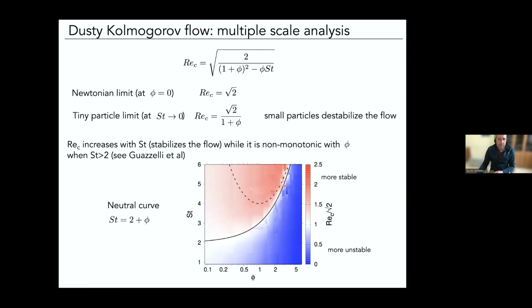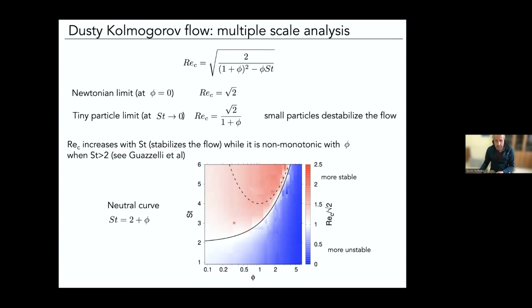So you see that in general the critical Reynolds number increases with the Stokes number, going in the vertical direction, which means that Stokes makes the flow more stable, while the behavior in the mass loading is non-monotonic. This is similar to what has been observed by Guazzelli in the pipe flow.